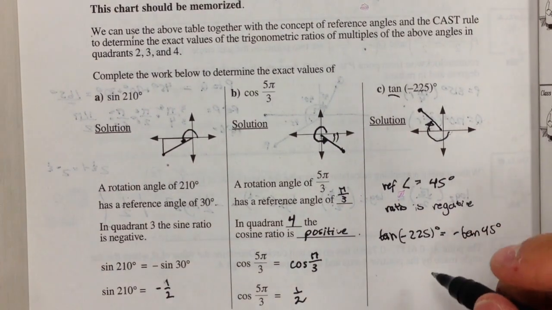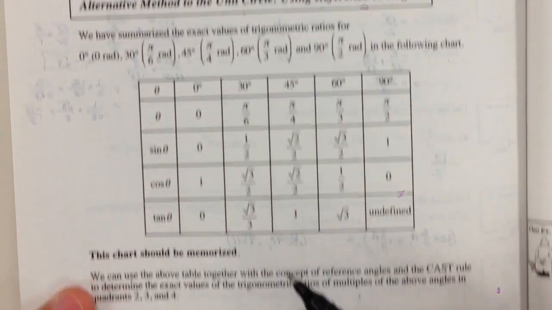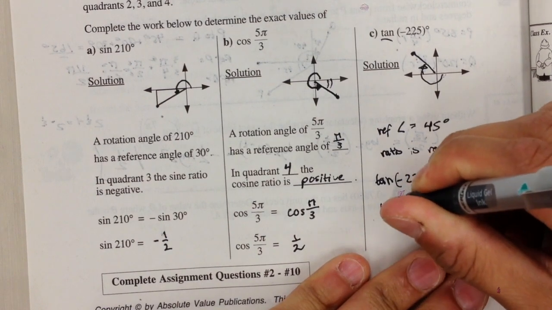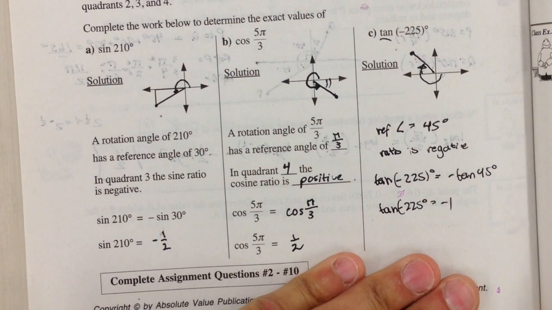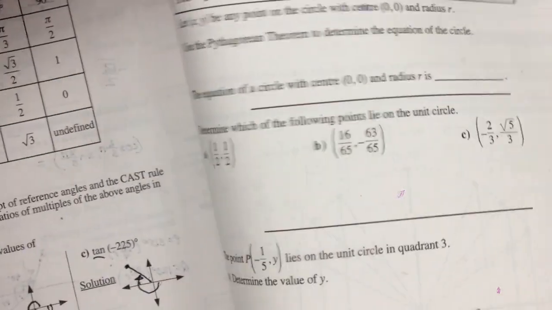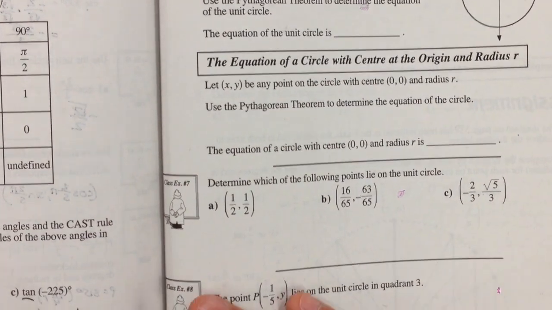And 45 degrees for a tan ratio, if I look at my chart, is equal to 1. And so tan negative 225 degrees is equal to negative 1.